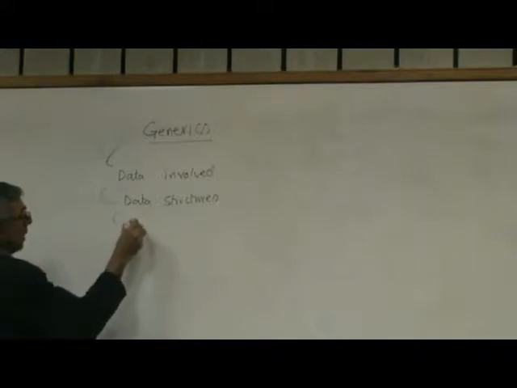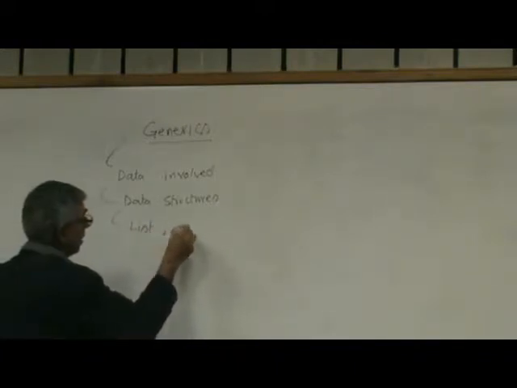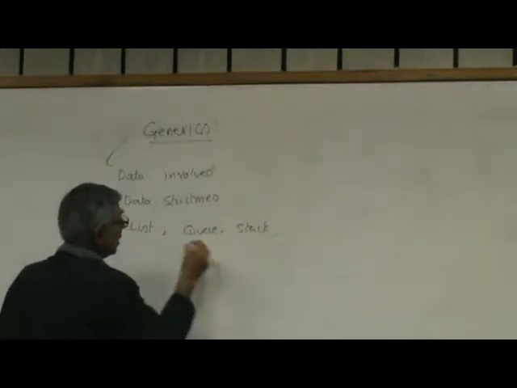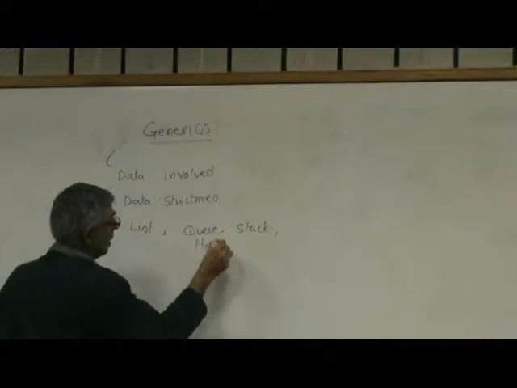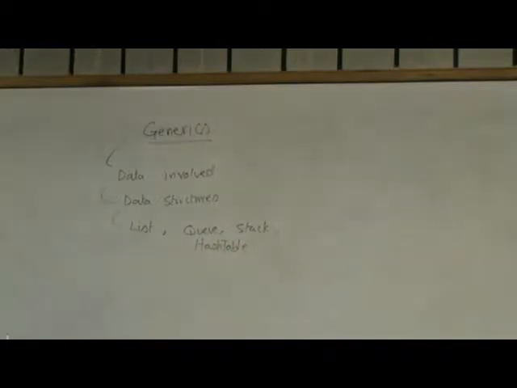For example, we may have a linked list, a queue, a stack, a hash table, right? For example, if we are creating a list, we may want to store integers in the list, we may want to store strings in the list. So it makes sense to have it as a generic.